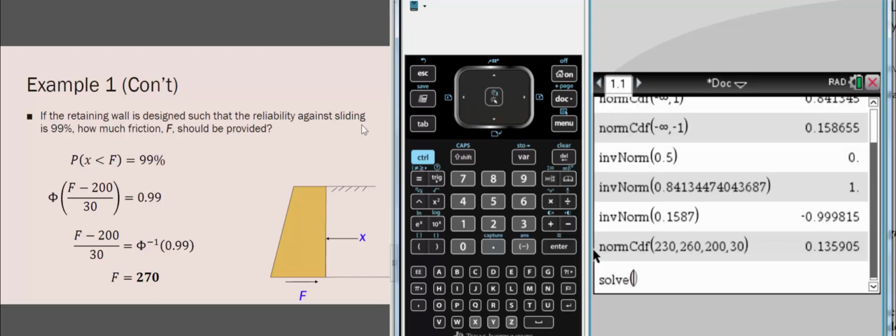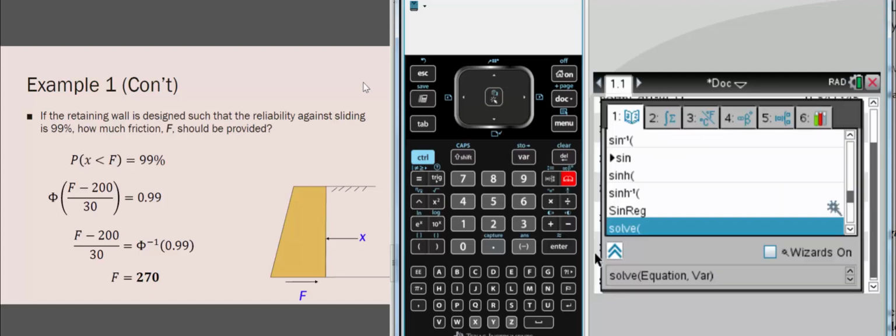So enter. What is the equation? The equation is basically this. How do we write that on the nspire? Well, we just wrote this thing, right? Except now we don't really have a determined upper bound, and the lower bound, of course, is -infinity.